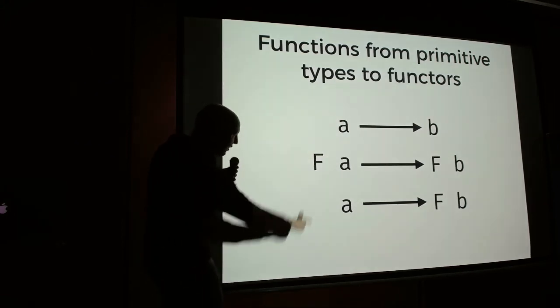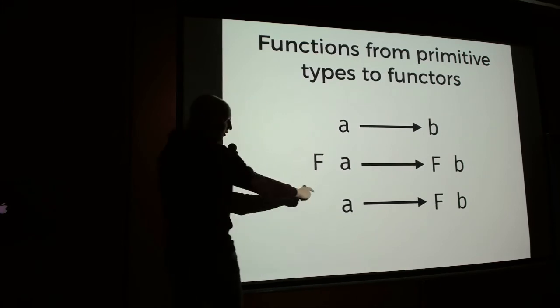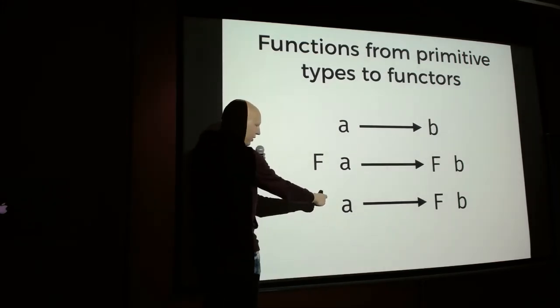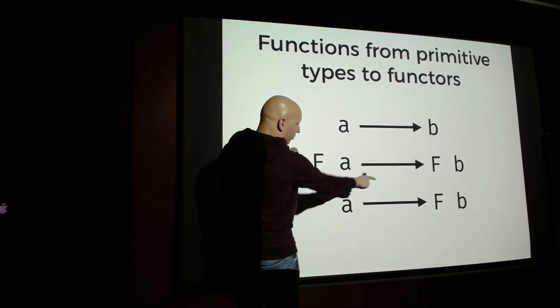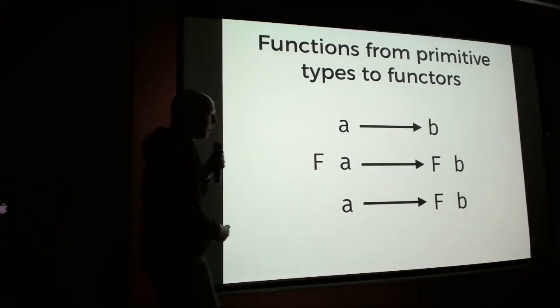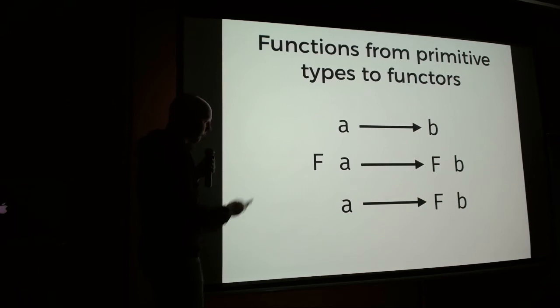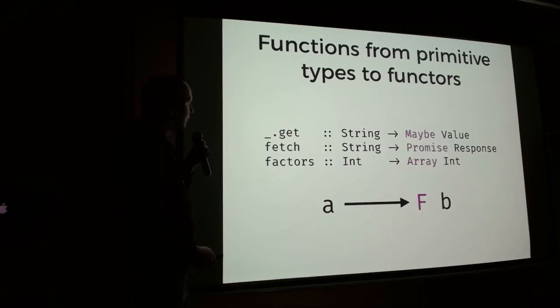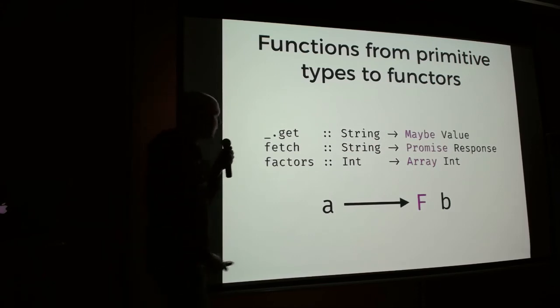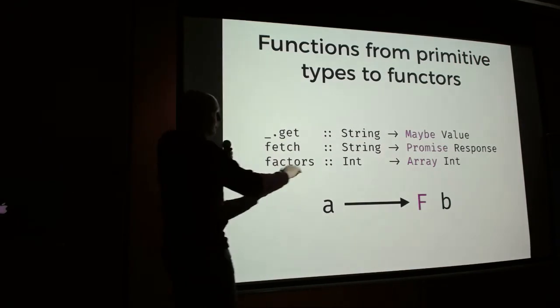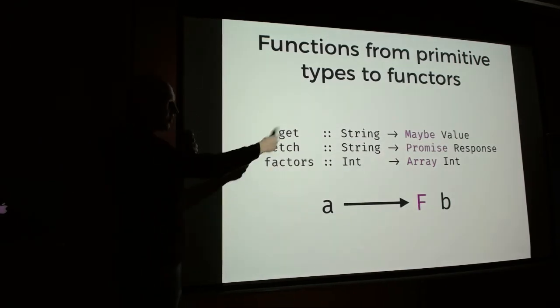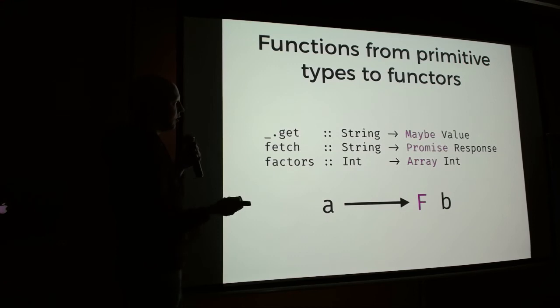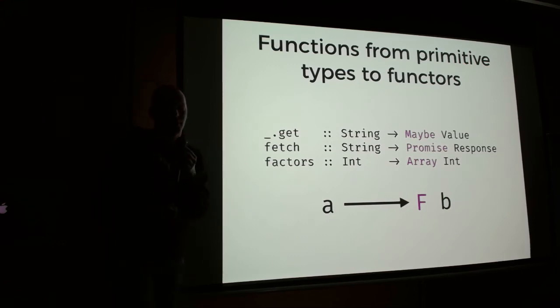But we often have this kind of function that starts with a primitive type, and then, hello, we move into the functor type somehow. For example, you have get, right? That reads a property of an object, and you pass it a string, and it returns you the value of some type, or it returns you undefined. So it can be encoded with this maybe type.